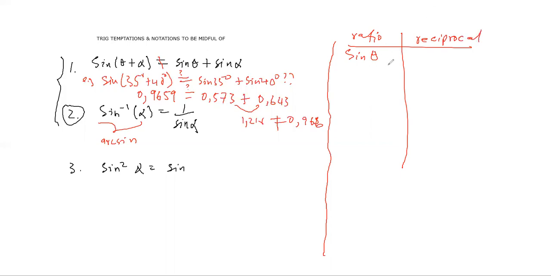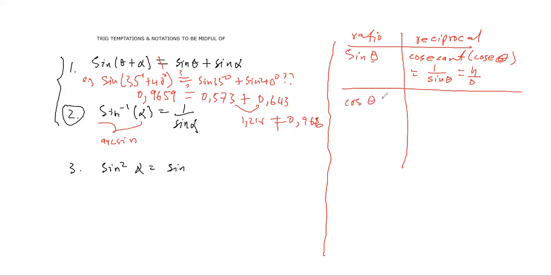The reciprocal for sine is the cosecant, which we label in shorthand as cosec of theta, because I used theta here. And this cosecant is 1 over sine theta. Meaning, if sine is opposite over hypotenuse, then this is hypotenuse over opposite.